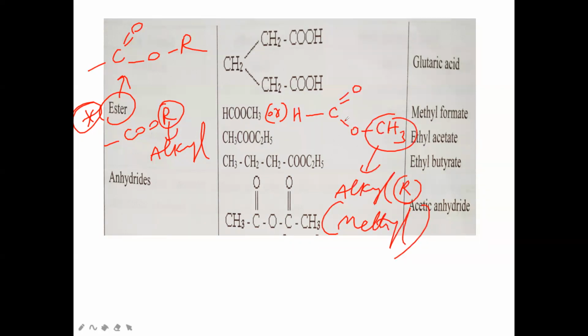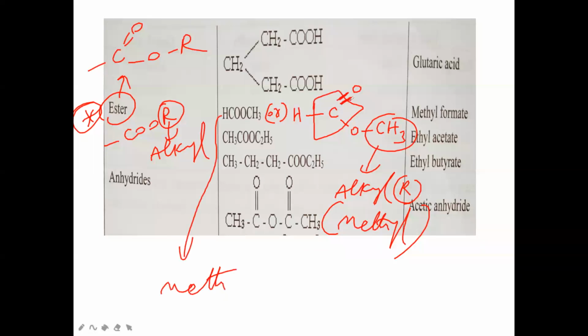So there are two carbons in this molecule. But in the parent chain, how many carbon atoms do we take? Only one carbon atom in the parent chain, not two. One carbon indicates what? Meth. The double bond between carbon and oxygen should not be considered here.